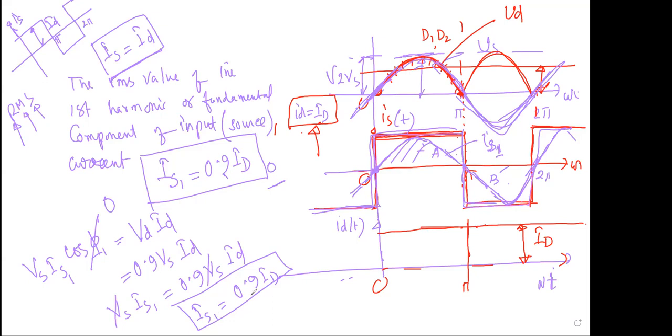But the first harmonic will be 0.9 of ID. That means 90% of the RMS current. Right. Okay. So there is a relation.